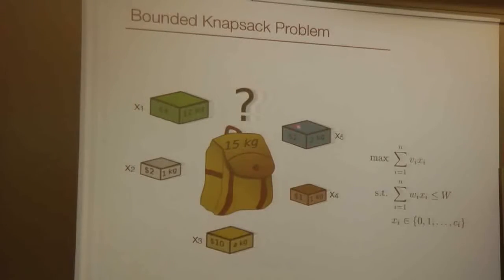And we would like again to maximize the value that we fit into our backpack, subject to keeping the overall weight constraint at this level. So notice now that these optimization variables are integers which go from 0 to Ci. The Ci can be different for each item, or it can be the same.